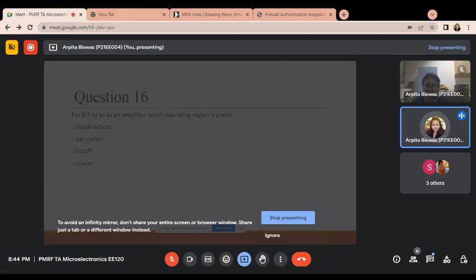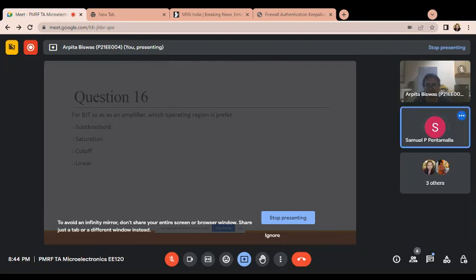Okay, good. So next we are moving to question number 16. For a BJT to act as an amplifier, which operating region is preferred? Saturation, cutoff or linear? Linear will be the right answer. Why linear? If you are taking saturation or cutoff, what will happen?